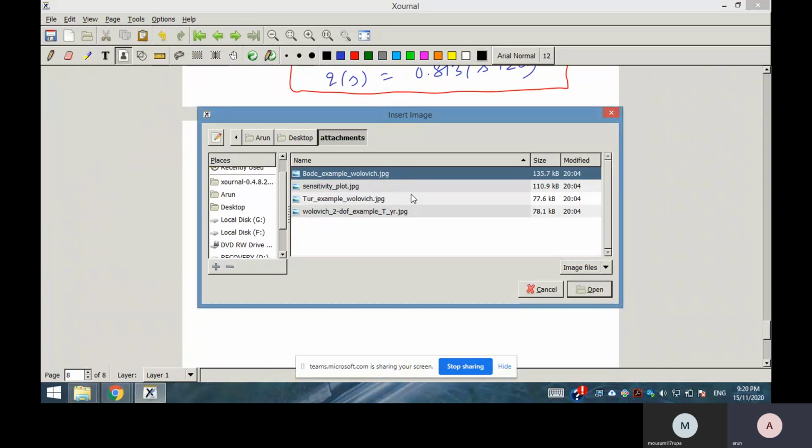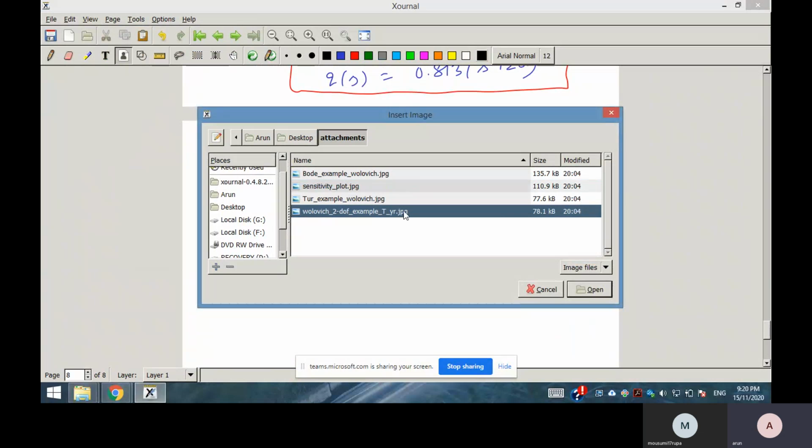So here first I will show you the T Y to R response.